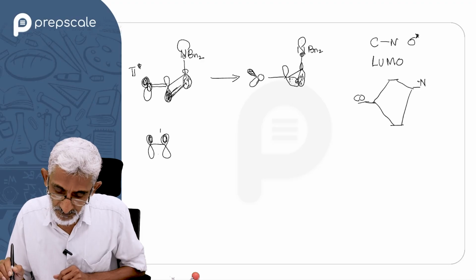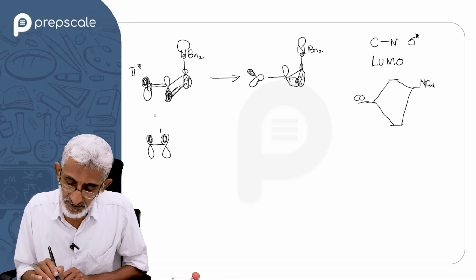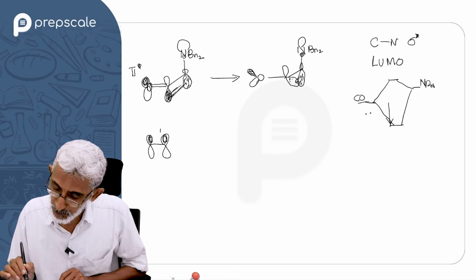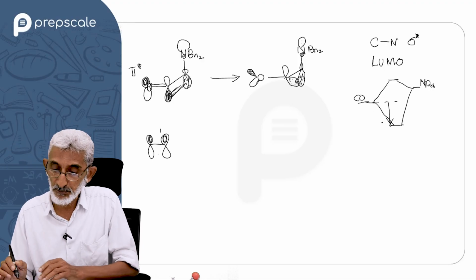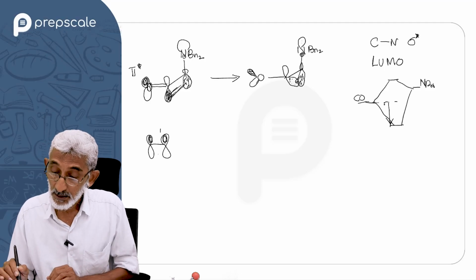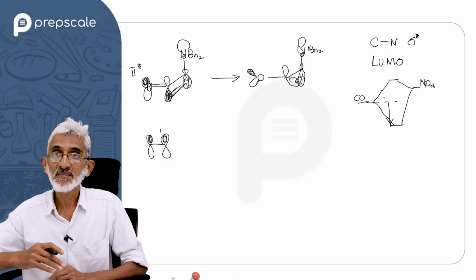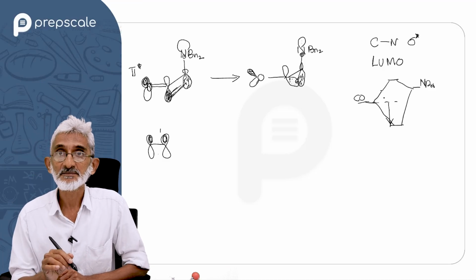This is the NBn2. So this interaction will lead to a further stabilization of the CO group by this much amount. So the lowering of that results in the lowering of the LUMO, and that will enhance the reactivity.